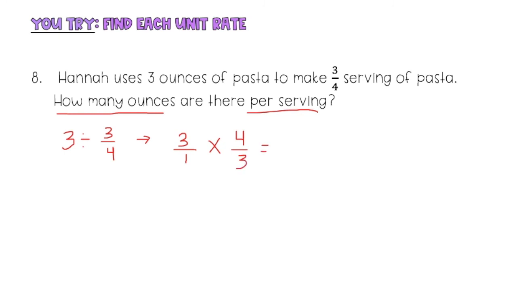I can multiply straight across. 3 times 4 is 12, and 1 times 3 is 3. When I simplify 12 divided by 3, my answer is 4. I have to remember to label my work, so we were solving for ounces per serving, so there are 4 ounces in 1 serving.